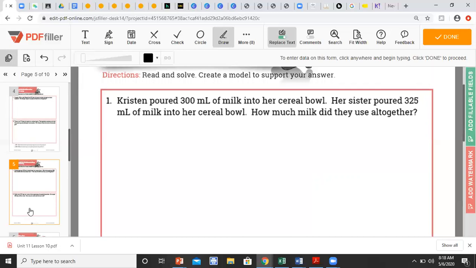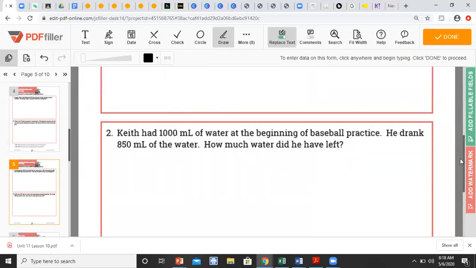And moving down, Keith had 1,000 milliliters of water at the beginning of baseball practice. He drank 850 milliliters of water. How much water did he have left? Your key word there is drank. That means the amount that he started off with is less, so you're going to subtract.